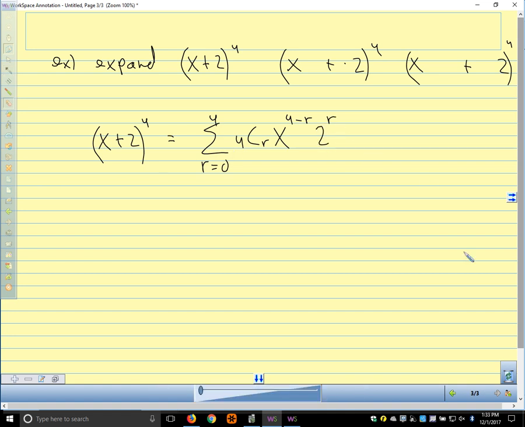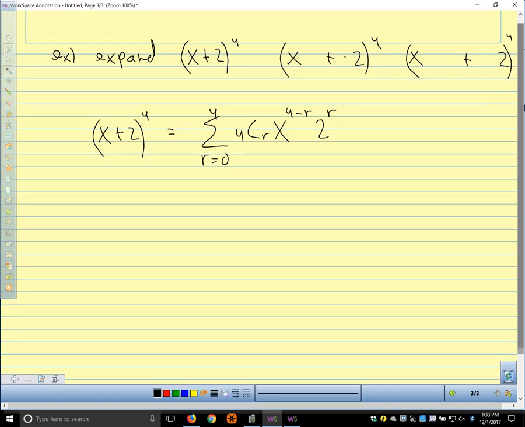And then what we're going to do is plug in r equals 0, 1, 2, 3, 4 to get our 5 terms. So let's do that.